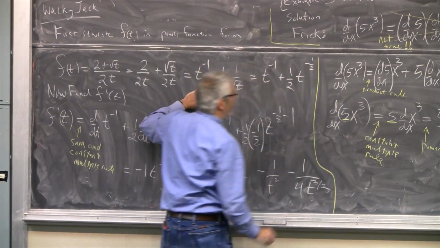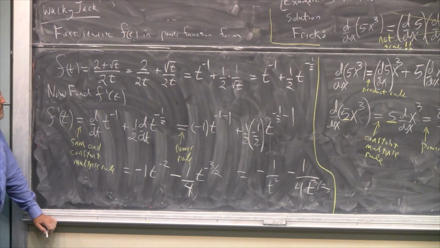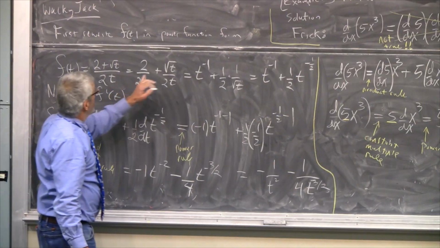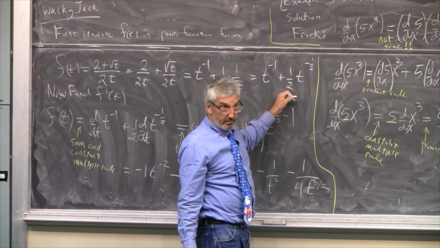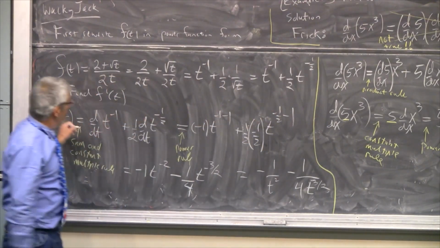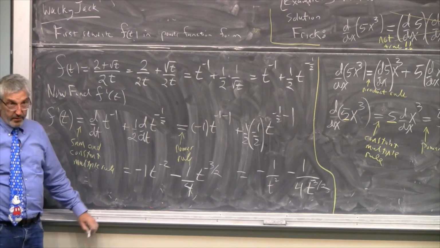I mean, it's not to say that it's easy. Wacky Jack had 1, 2, 3 steps of rewriting the function before they even started finding the derivative. But then the derivative was pretty simple. And then they had some steps of rewriting the result.